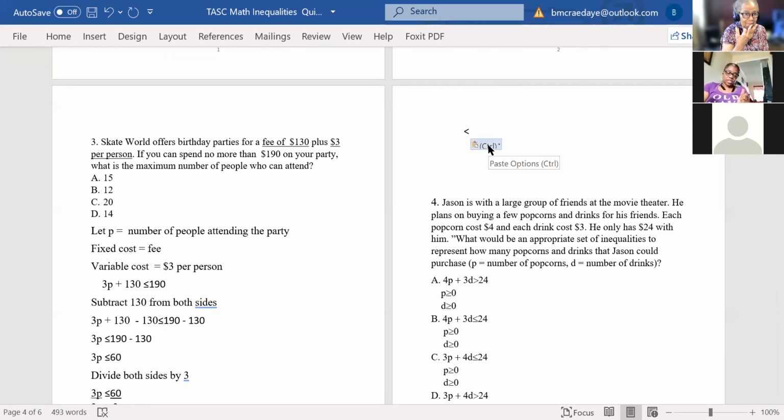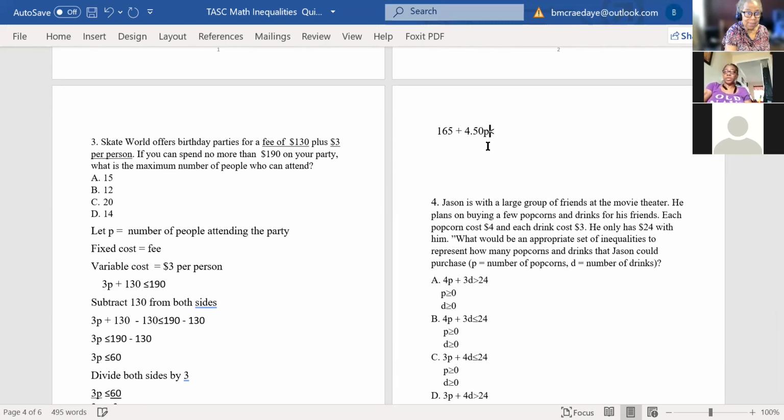The fixed is 165. And what's the variable? 4.50, multiplied by the number of people, so that's P. Okay, so this must be less than the budget.